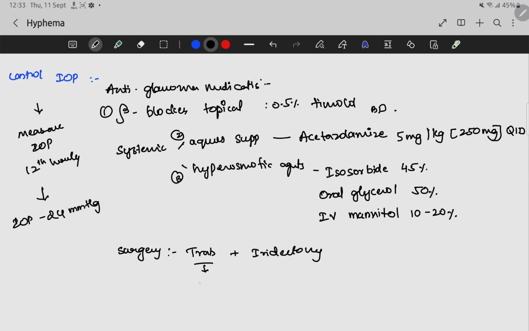Trab is done to increase the filtration, and iridectomy is done to inhibit the pupillary block.